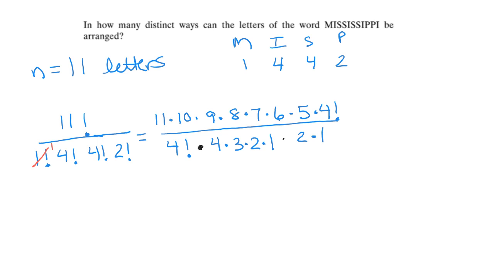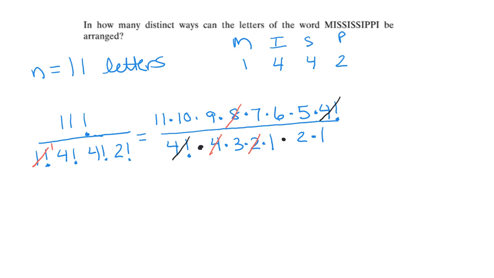And all of these are getting multiplied. So I'm going to divide out the common 4 factorials. And then I'm going to go and divide out another number here. So I can do perhaps 4 times 2 is 8. And I'll knock out my 8.